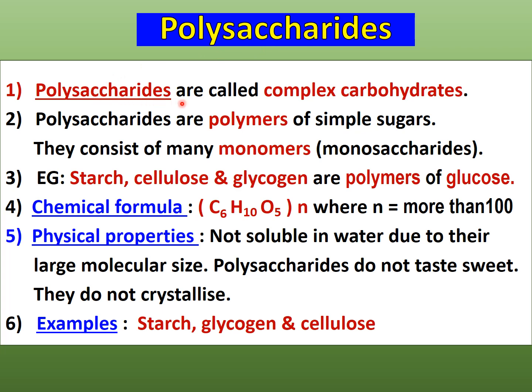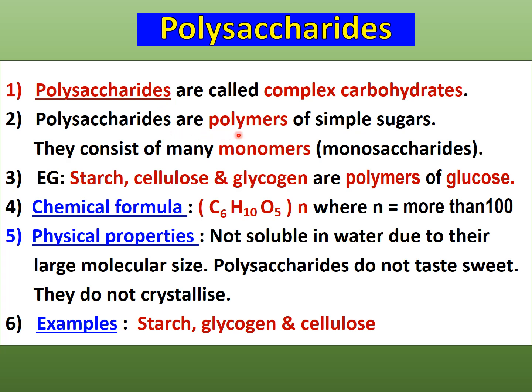So polysaccharides are called complex carbohydrates because they are more complex and larger in molecular size than the simple sugars or the complex sugars. Simple sugars are the monosaccharides, complex sugars are the disaccharides. And then complex carbohydrates refer to the polysaccharides.